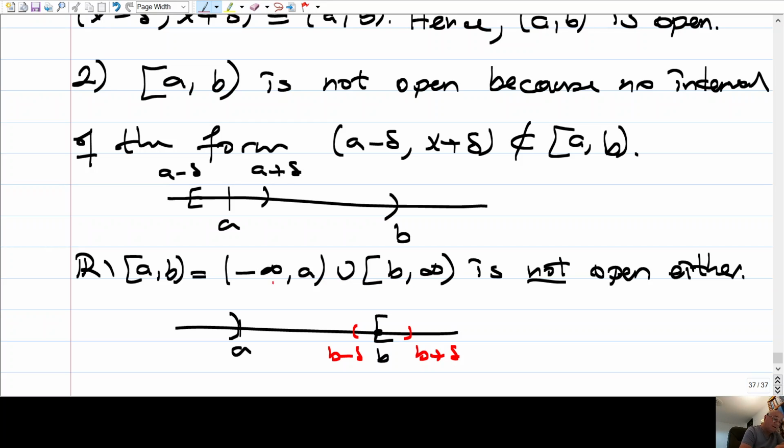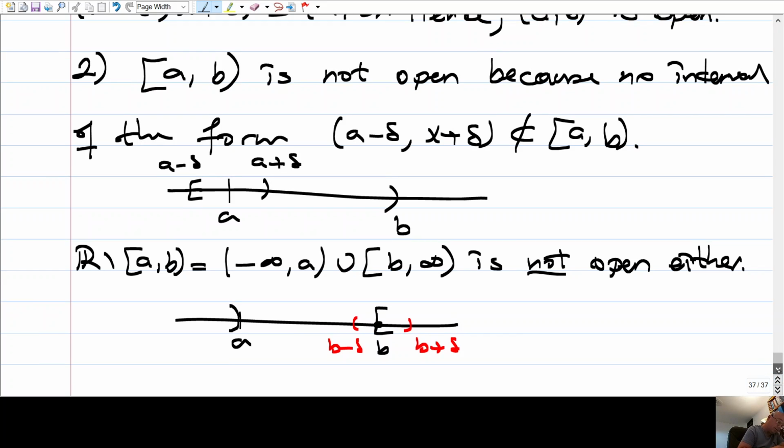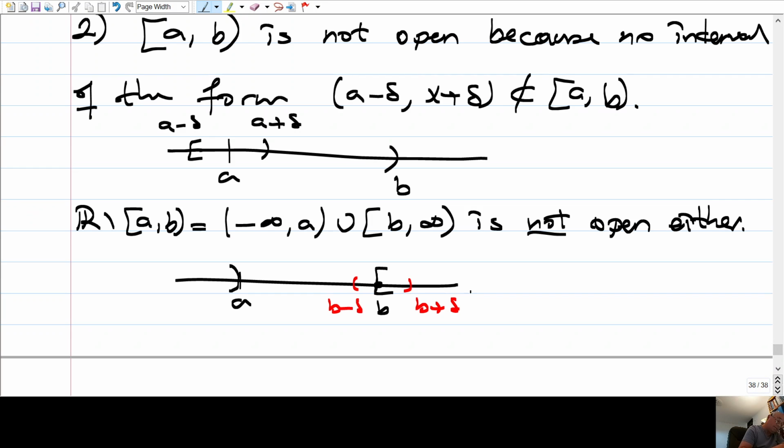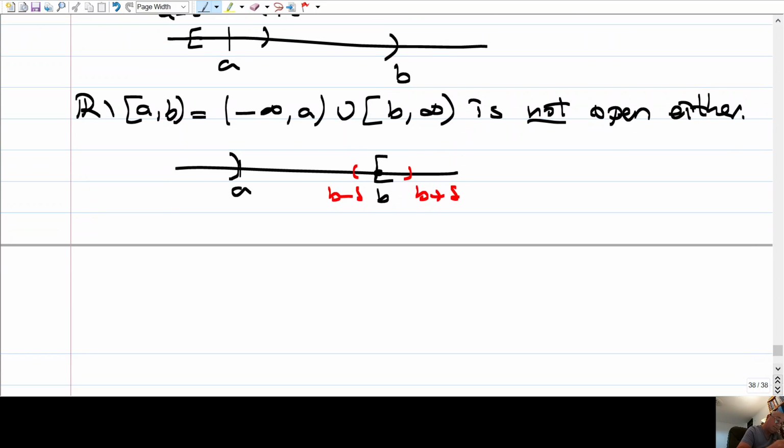Therefore, this set is not open. Since it is not open, the complement is not closed.